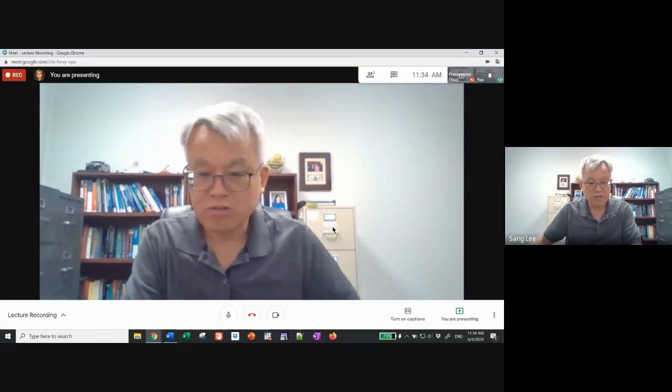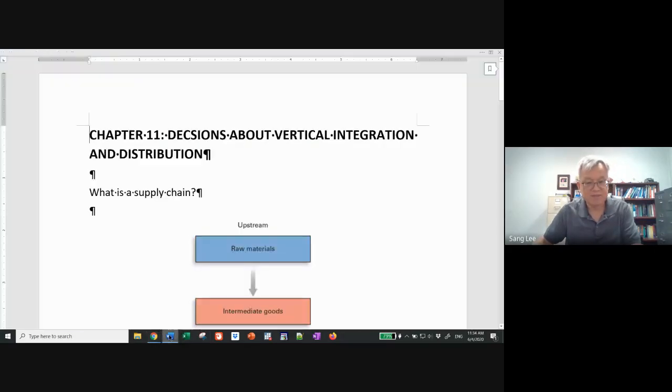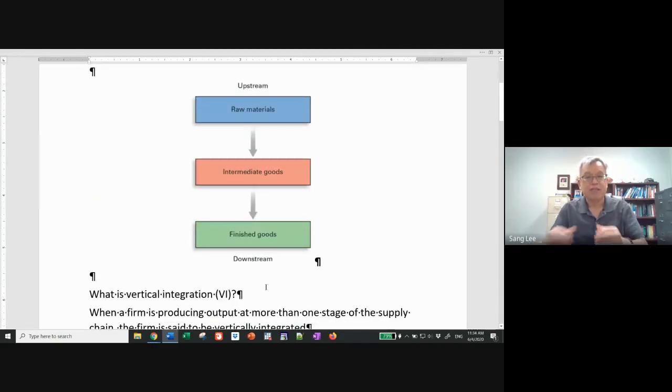So let me turn to the lecture note. Here you see a figure that represents a simple, highly stylized supply chain of a firm.